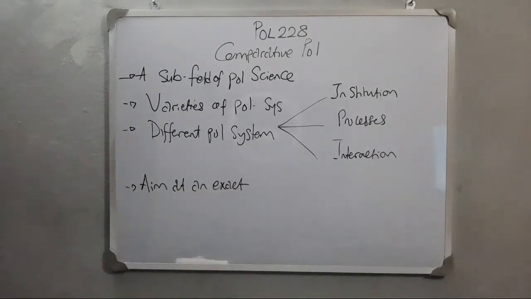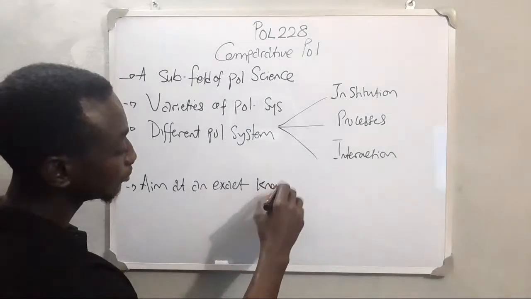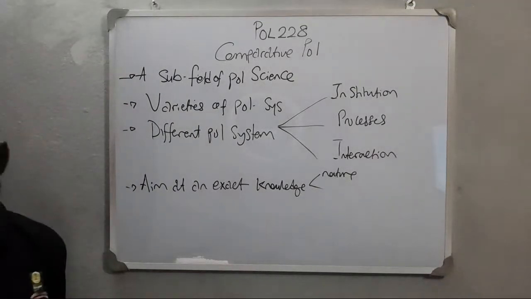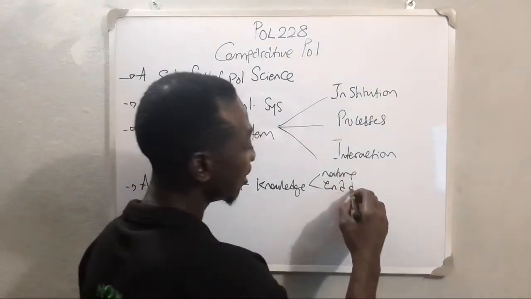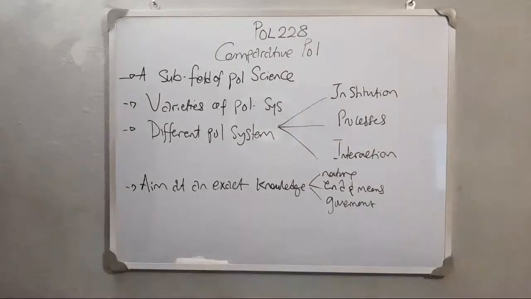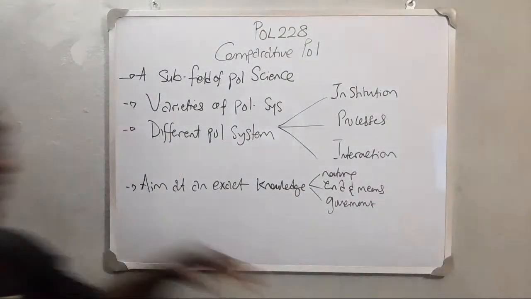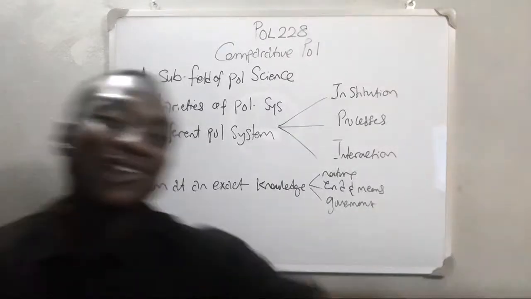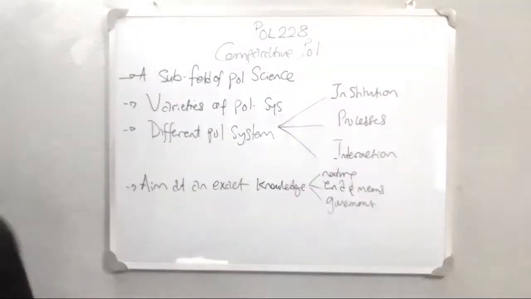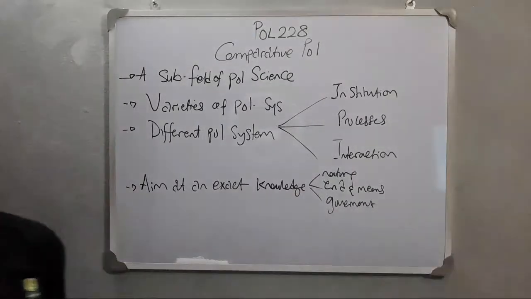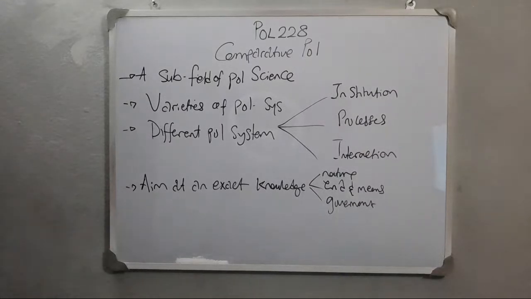It aims at an exact knowledge of nature and means of what? Government. That is what it aims at, to get an exact, holistic knowledge of the nature and means of government.